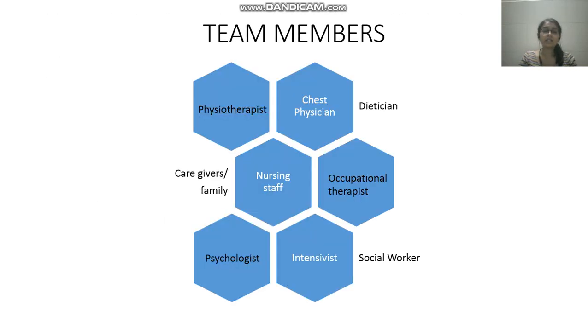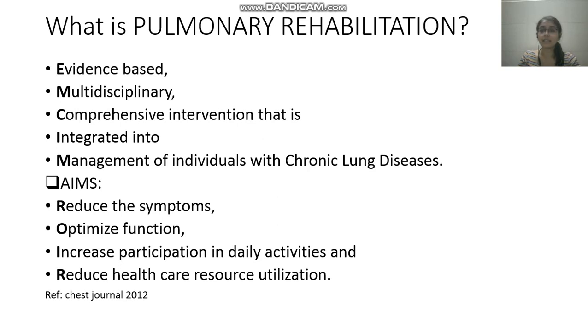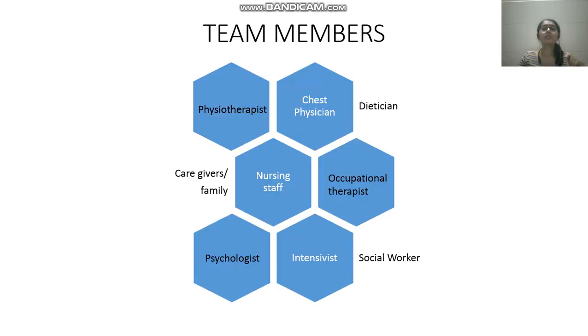As we can see, the definition itself says that it is a multidisciplinary team, it is evidence-based practice, which is a comprehensive intervention, which is integrated together into the management. So it will obviously require a lot of team members to bring about this holistic approach for rehabilitation.